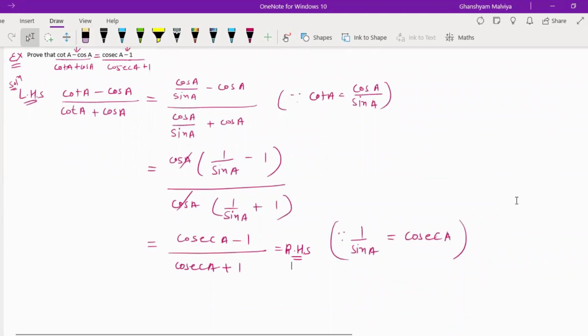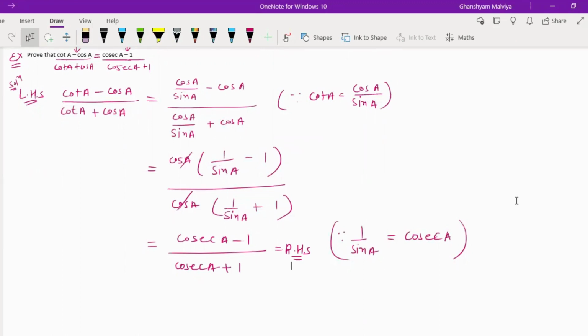There are so many examples here. We can solve different kinds of questions here. The main thing we need to understand is what the identities are and which identity we can use for different examples.